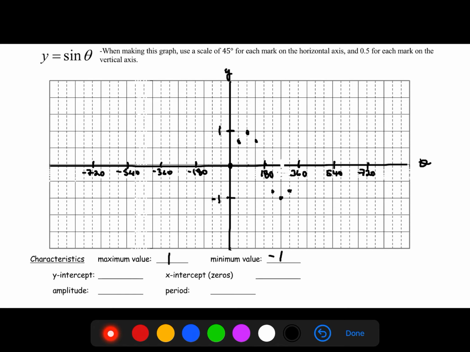and as we plot our points, again, we notice a very specific pattern. And we can see that our periodic function of y equals sine theta is taking shape here.